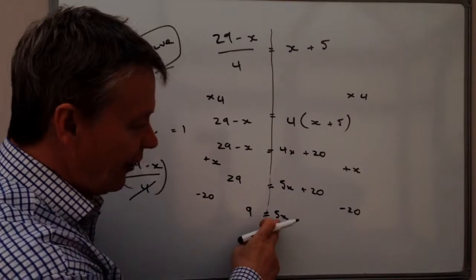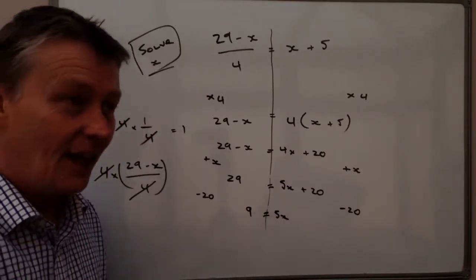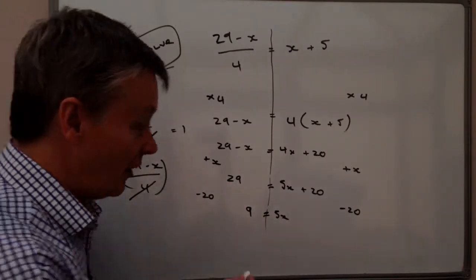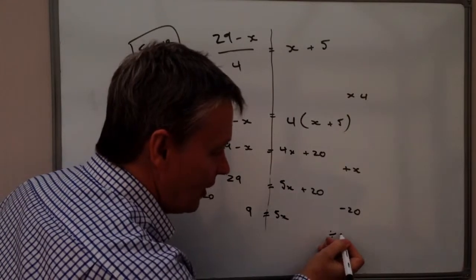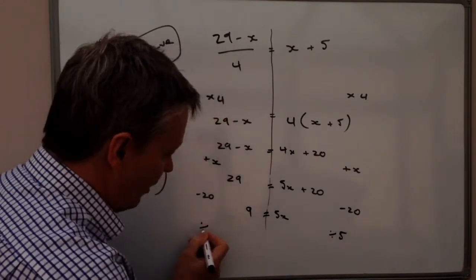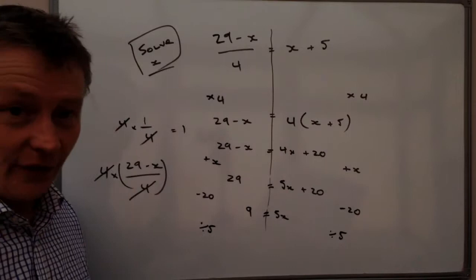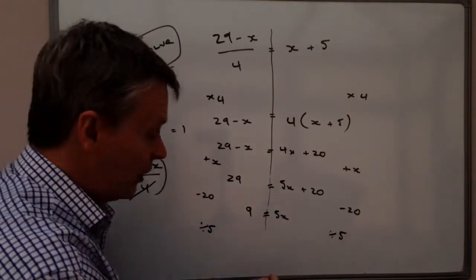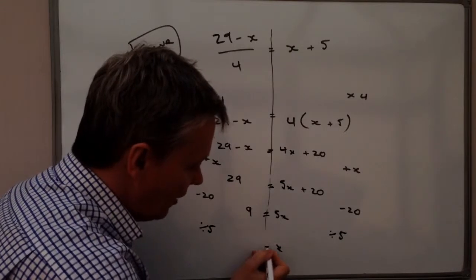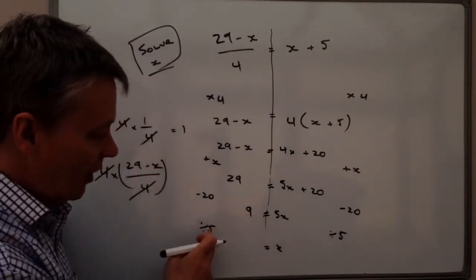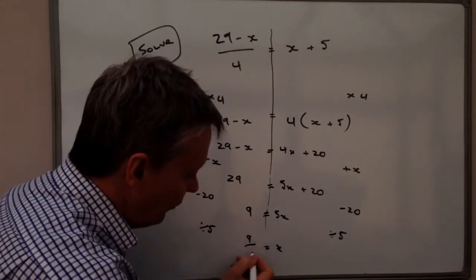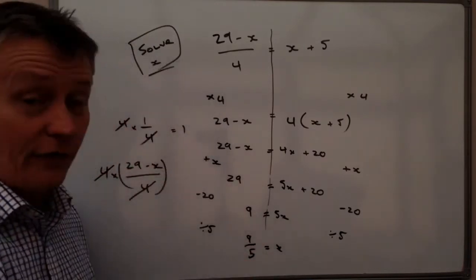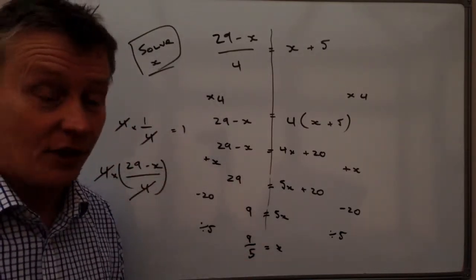So I've got 5 times x, and I want to get one value of x. So I'm going to do the opposite and divide both sides by 5. If I do that, 5x divided by 5 is just x on its own. And on this side, I've got 9 divided by 5, which I can write as 9 over 5, which is perfectly legitimate.